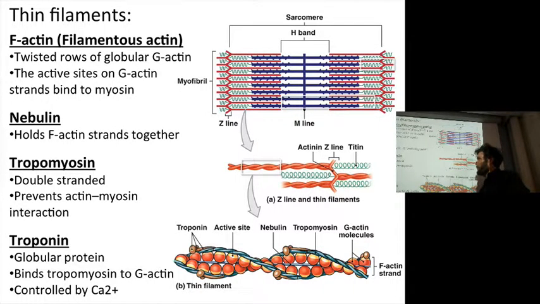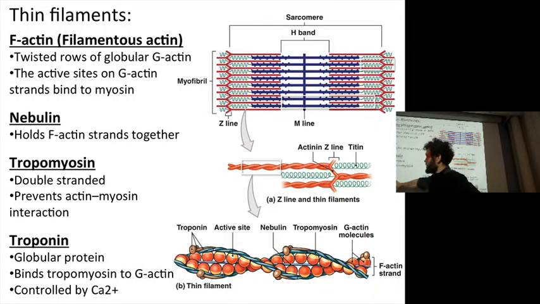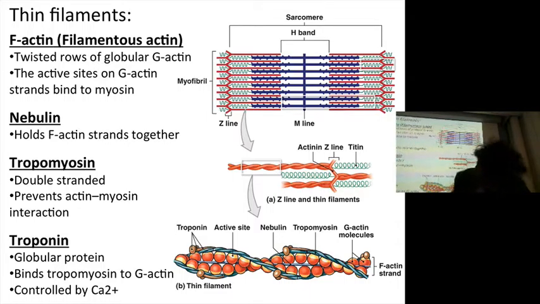There are 2 other important proteins here, tropomyosin and troponin. Some of you have probably already heard about this who've had like high school anatomy or whatever. Tropomyosin is, again, a double-stranded protein that is helical and winds its way along the surface of the F-actin, coming in contact with what we're going to call the active site of the actin.